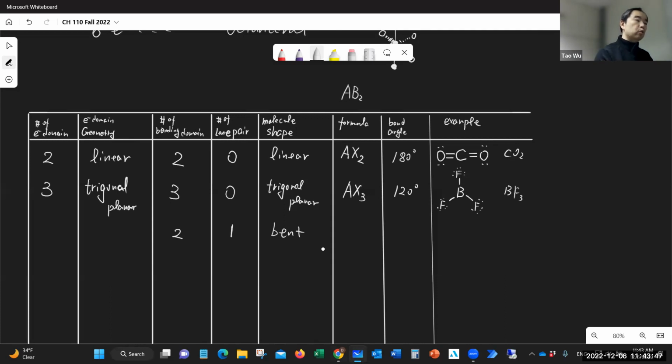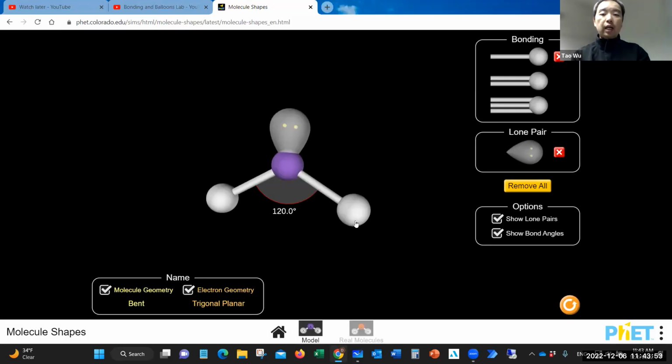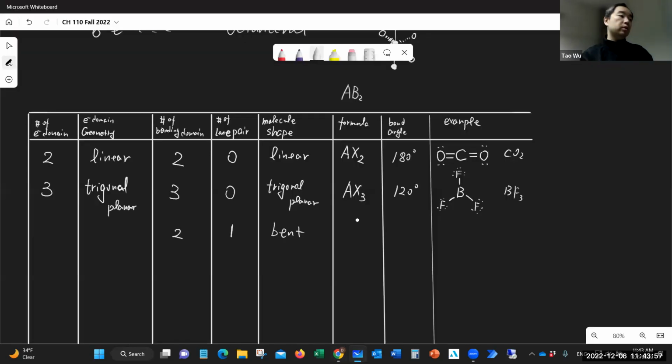And if we draw this formula, then this formula will be changed because this guy only has 2 side atoms. So the X can only be written as 2, right? They only have 2 side atoms. You're going to write AX2. But the point is, if you write AX2, then that can be exactly the same, just like this. So that is why a lot of people write this as AX2E.